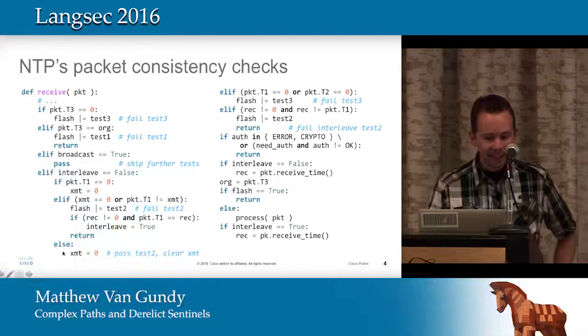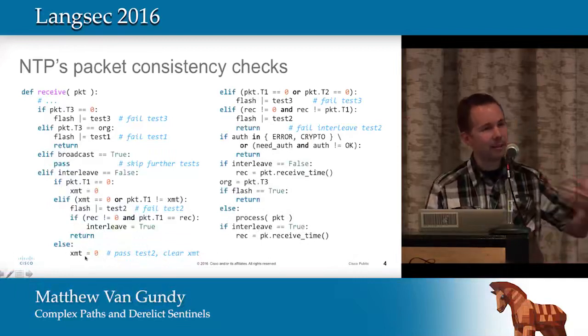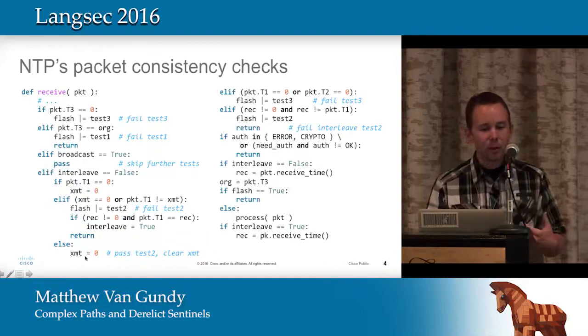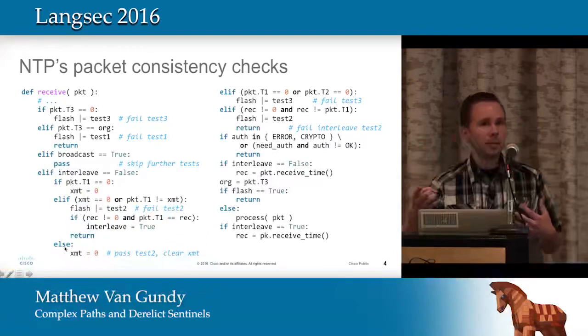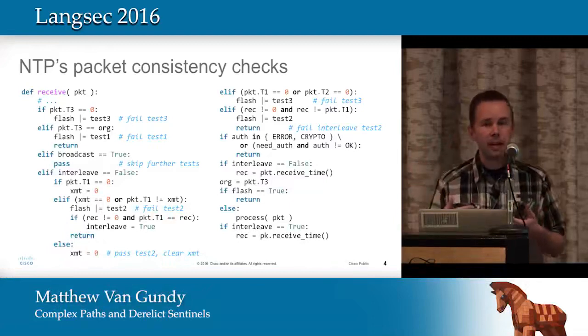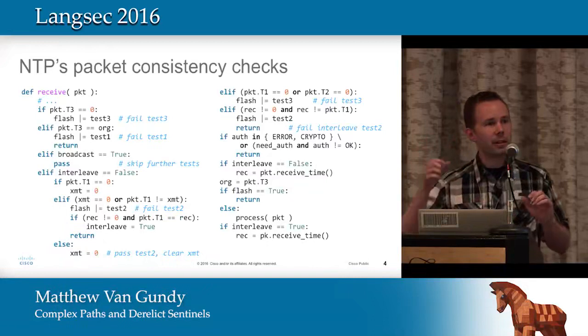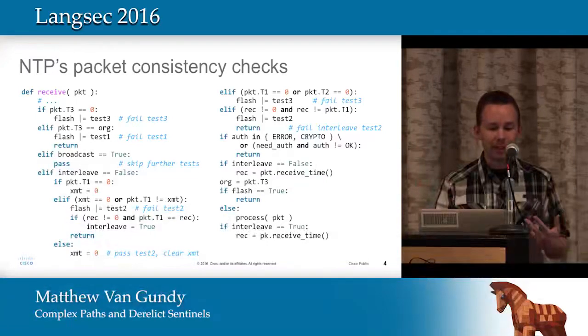And then lastly, we have our previous occurrence of this zero origin timestamp issue. In order to prevent a duplicated query from getting two server responses, we don't want to accept both responses from the server. So the way that they do that is, after a successful nonce check, they clear that nonce. Unfortunately, they were clearing it to 0.